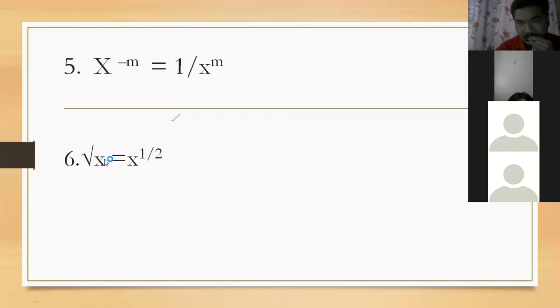And what is the power of x? Do you know, Saika? The power of x here is 1. Then when you cancel the root, that 2 comes below this power. X to the power 1 by 2.